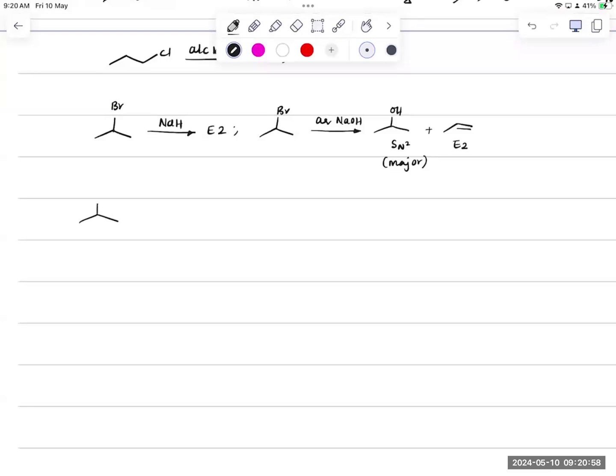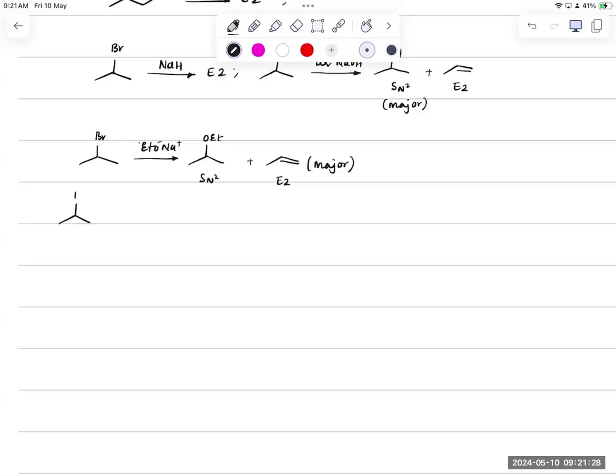Next, if you have Br with ETO minus Na plus, in that case, we'll get this as OET. This is via SN2 and alkene via E2. And this time alkene will be major. This will be major product.